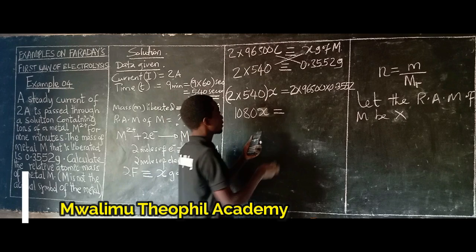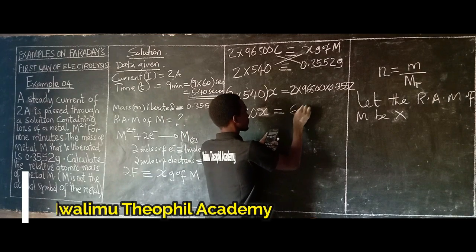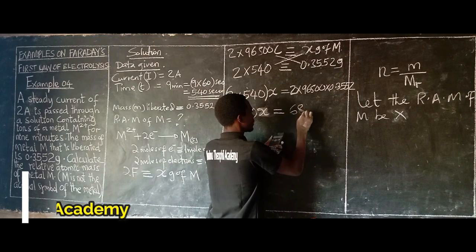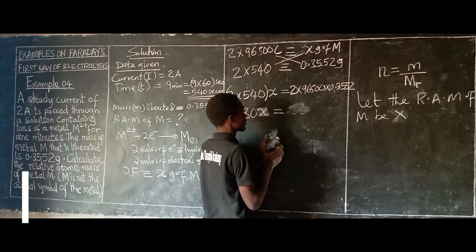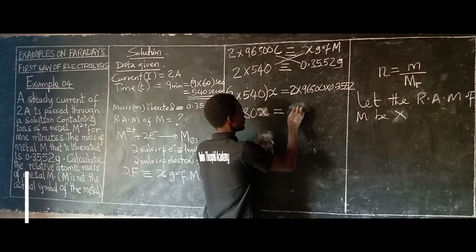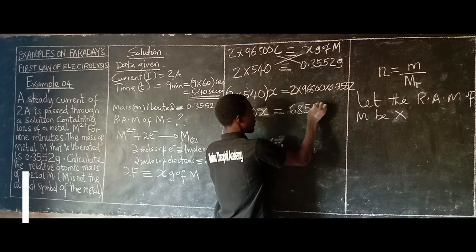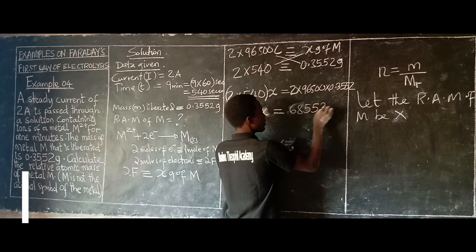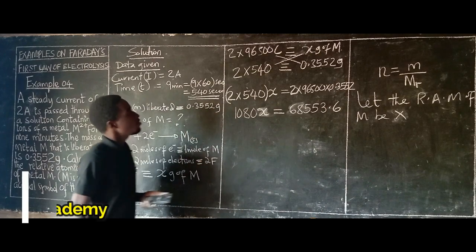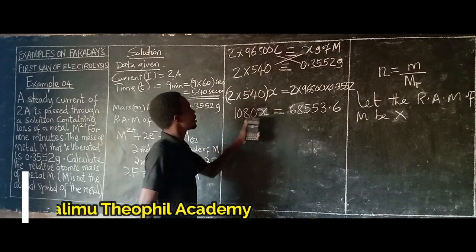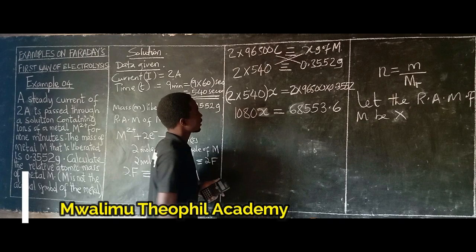Here we get 68. Here we get 68.3.6. After there, we get x by dividing by 1008 on both sides.